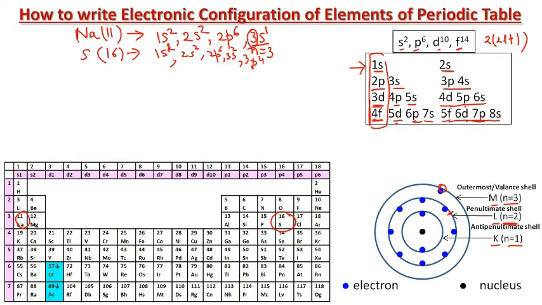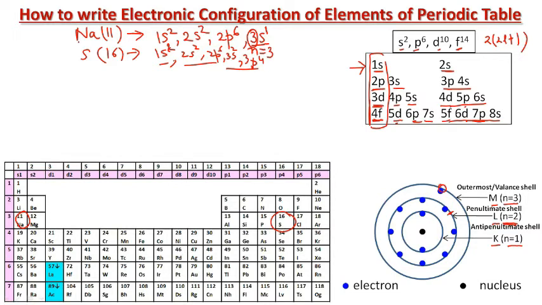So this is the electronic configuration of sulfur, and the outermost shell for sulfur is the third. So this is known as the outermost shell or the valence shell, and the second shell is known as the penultimate shell. The first shell is known as the anti-penultimate shell.